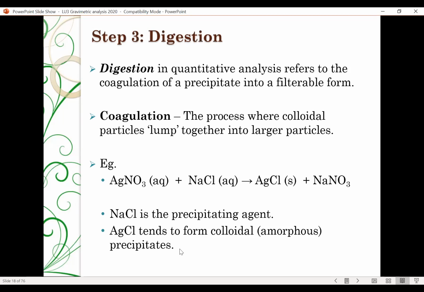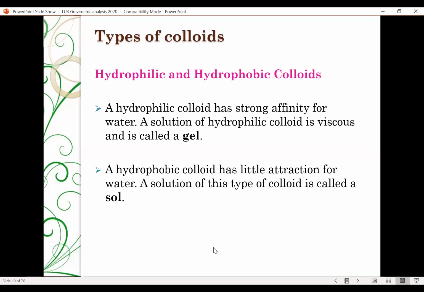Colloidal precipitates are precipitates, but most of them are suspended in the solution. They cannot be filtered unless you lump them together to form larger particles.